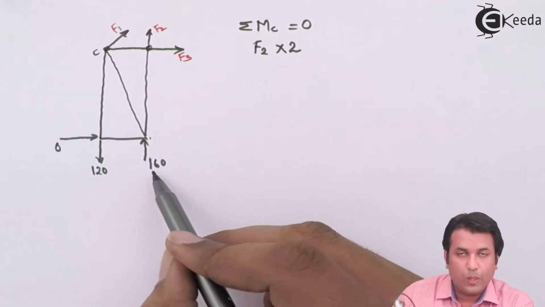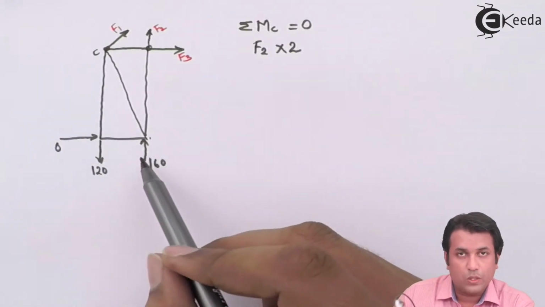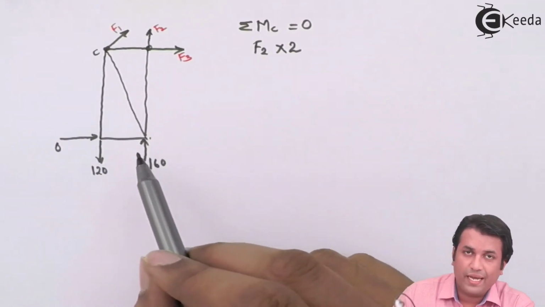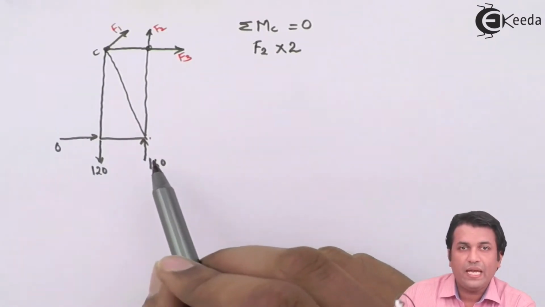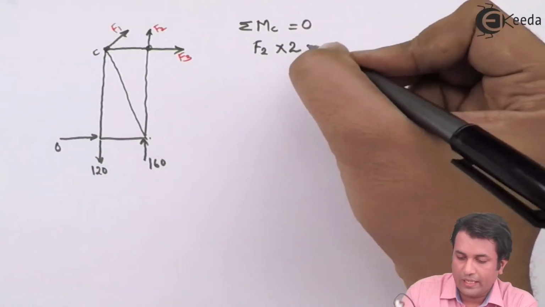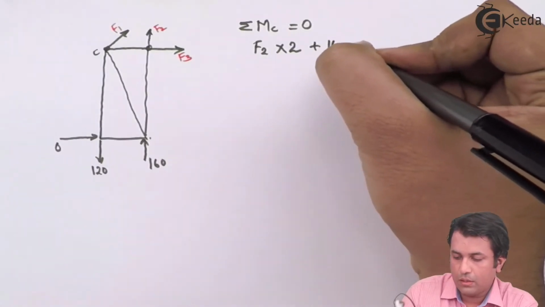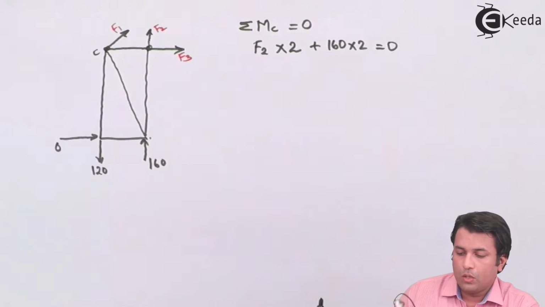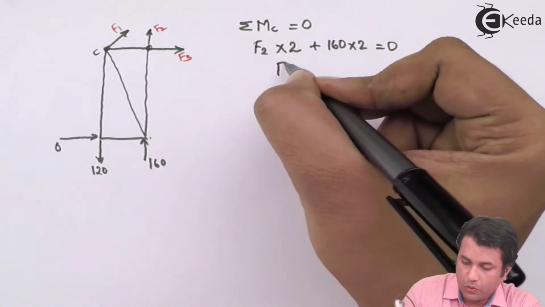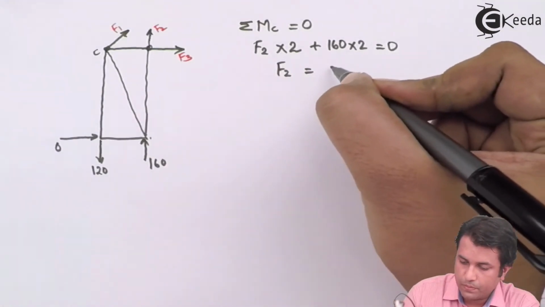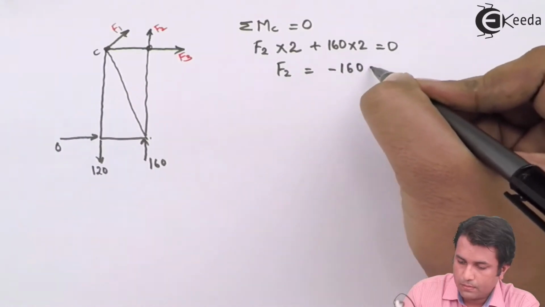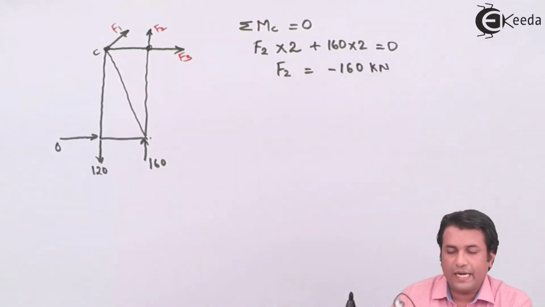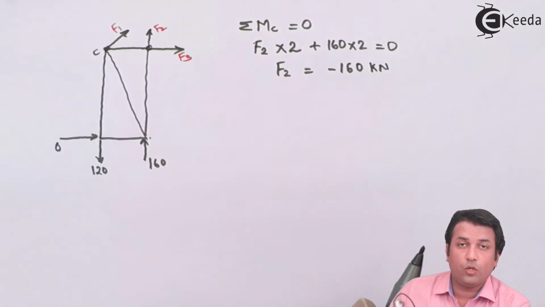The 160 kilonewton force is acting vertically upwards, so again the moment of this force will be anti-clockwise, so I'll take it as positive. That's it. So now F2, I'm getting it as minus 160 kilonewtons.